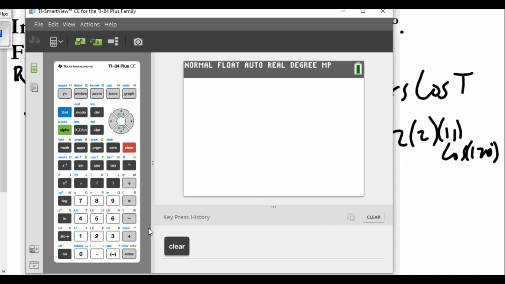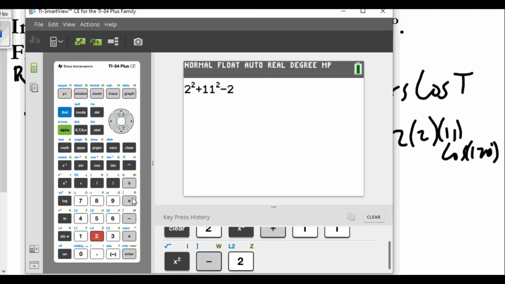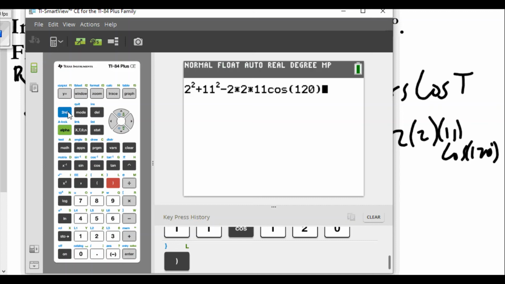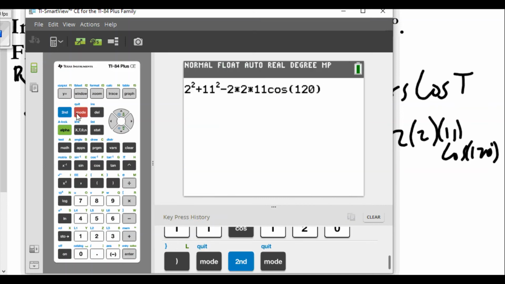So we have 2 squared plus 11 squared, minus 2 times 2 times 11 times cosine of 120 degrees. Now, before I hit enter, I'm going to double check and make sure that I got this set up in degree mode, and it is. Okay, totally good.